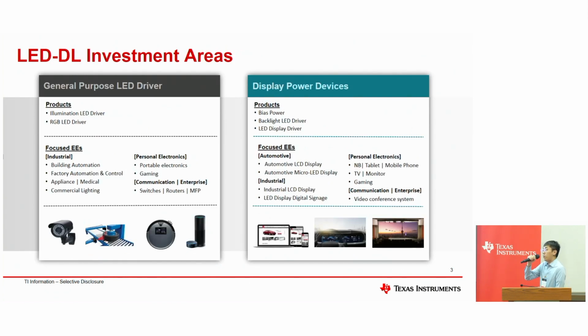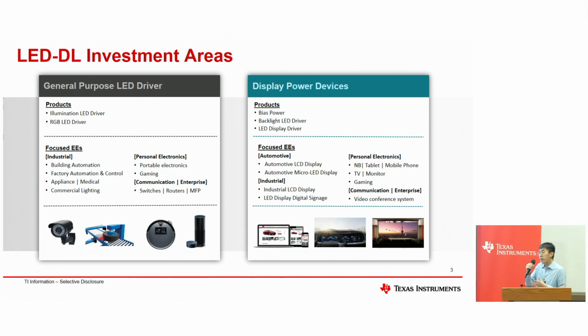Okay, from the market standpoint, for our TI LED product line investment areas, we have categorized our products into two major groups. The left one is what we call the general purpose LED drivers. We understand that RGB LEDs, those kinds of indicators, and illumination with infrared sensors are basically everywhere in the world.